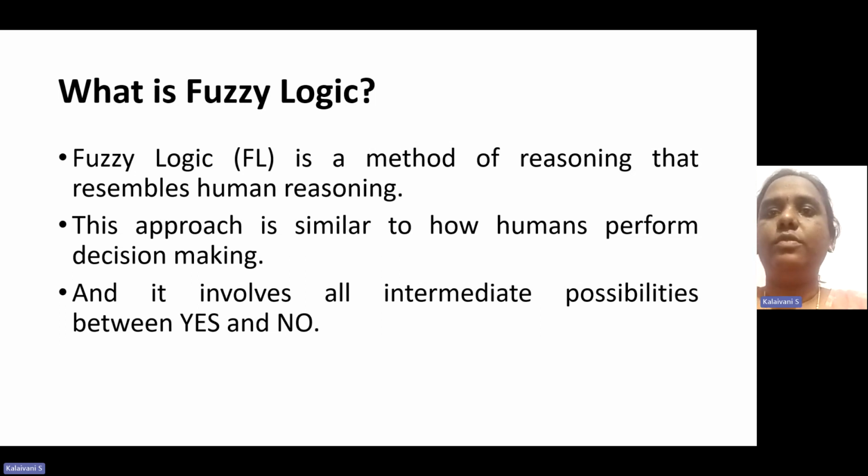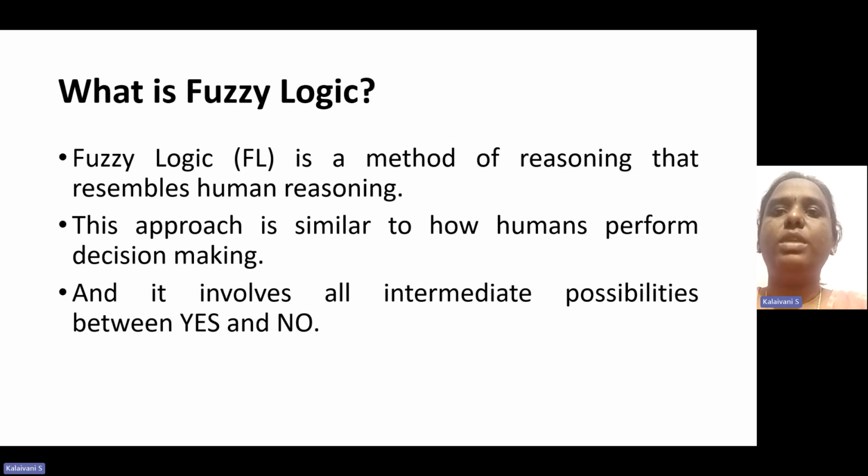Earlier we studied logics like propositional logic and predicate logic. In either propositional logic or predicate logic, we go with only two conditions, either true or false, or we can say 0 or 1, or yes or no. This kind of scenario only happens for any given facts.